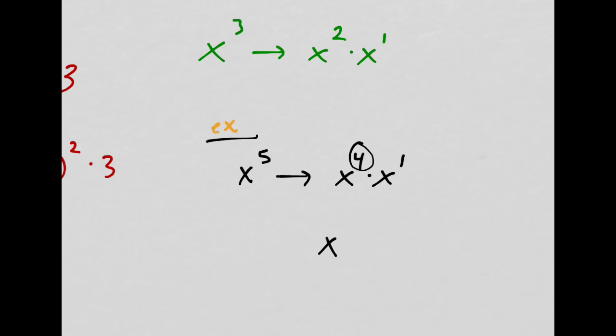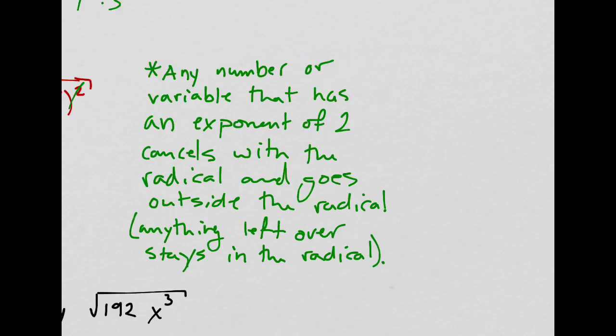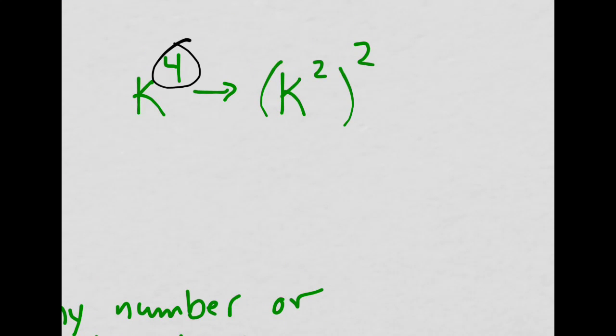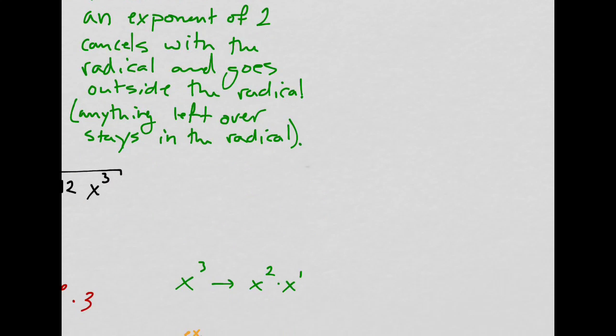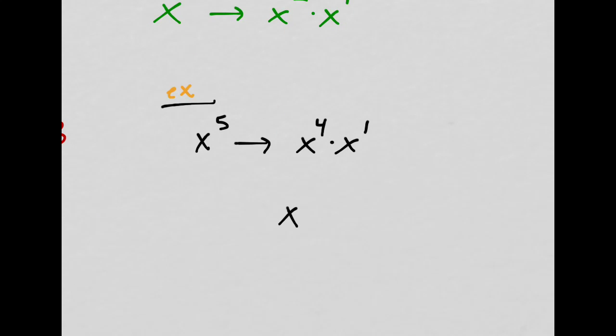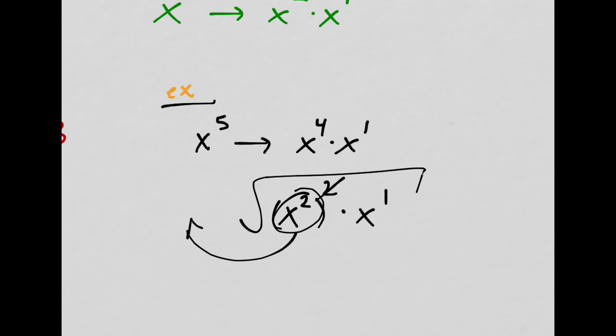If it's even, we can always do this little trick, where you are multiplying it by 2 eventually. So this one would be x squared squared times x to the 1. And then if it was under the radical, that would go away, this would go outside, this would stay inside.